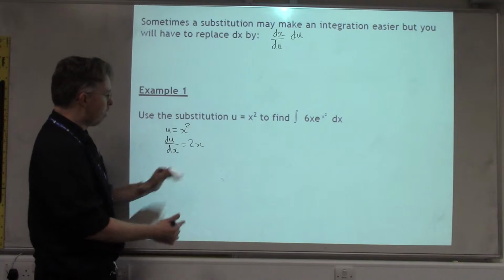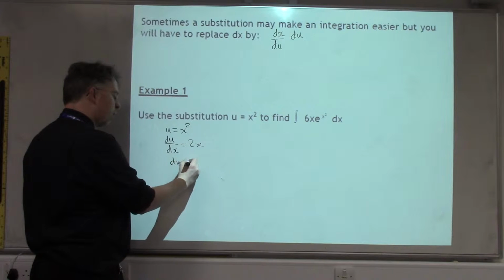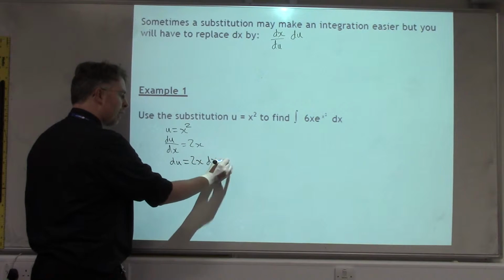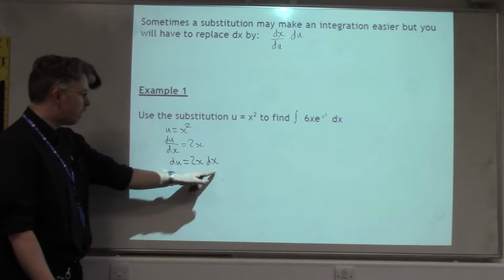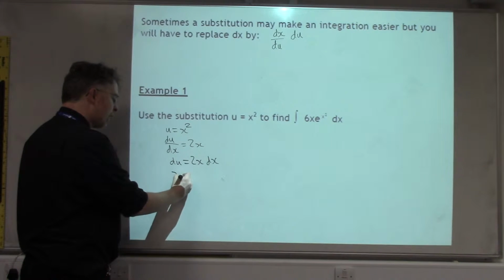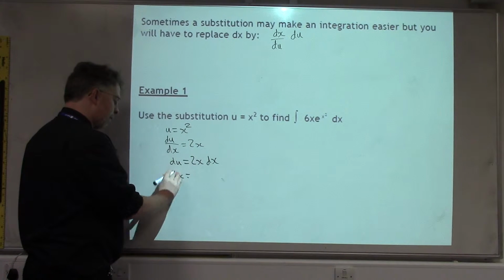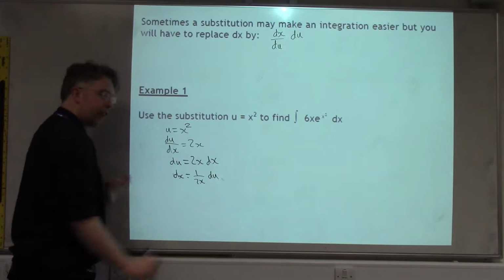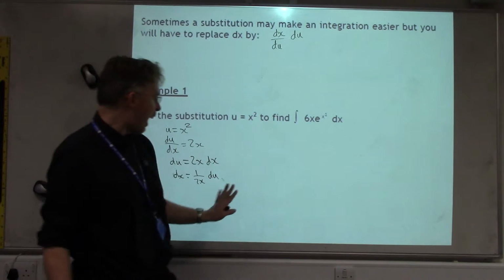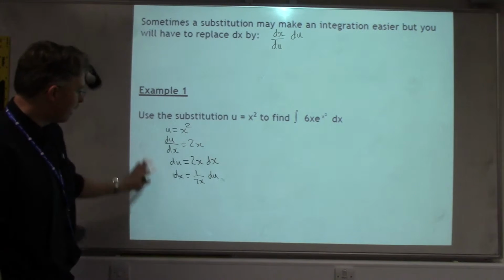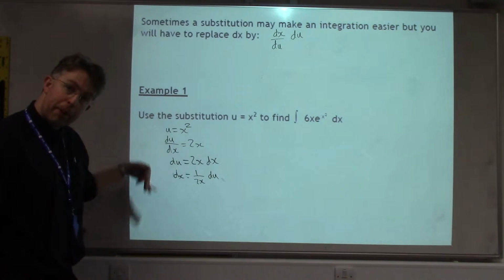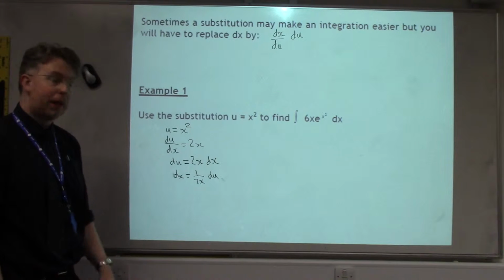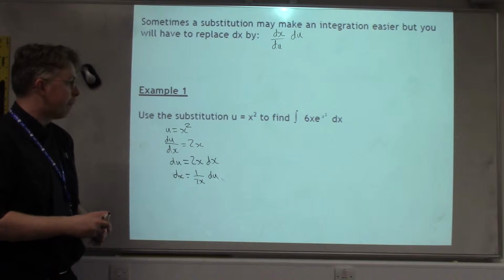So in this case, times both sides by dx. So du equals 2x dx. One dx on its own, so dx equals 1 over 2x du. And so I will replace the dx with 1 over 2x du. As I say, not mathematically sound, but actually gives you the right thing to sub in. So it will be allowed on the exam.